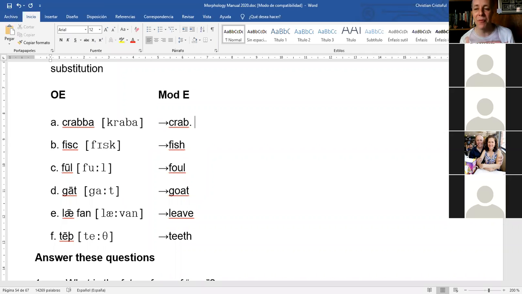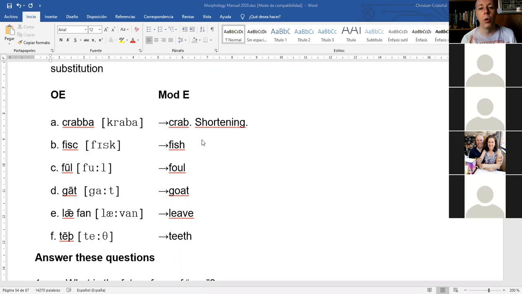Now we say crab, before they said crabba. What changes have happened? Tell me the changes. Is the word shorter or longer? Now it's shorter. So shortening has happened. Very good. Excellent.